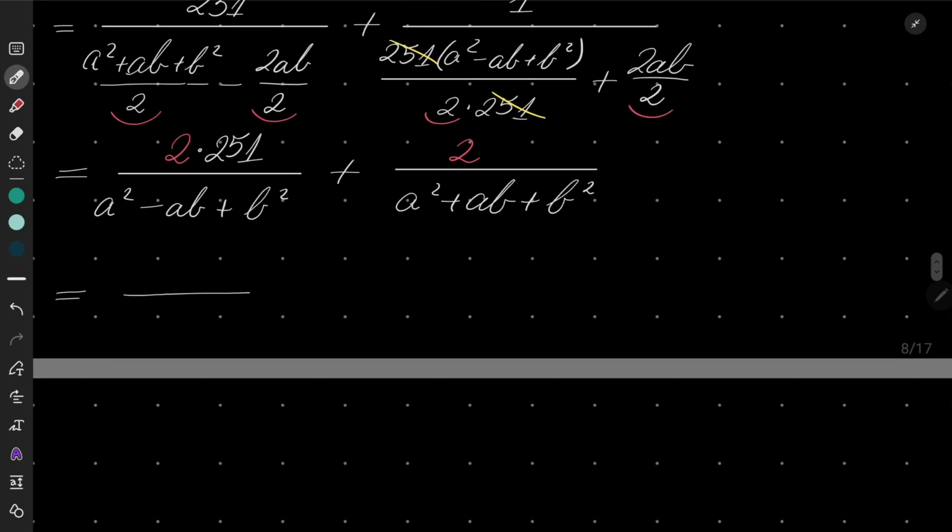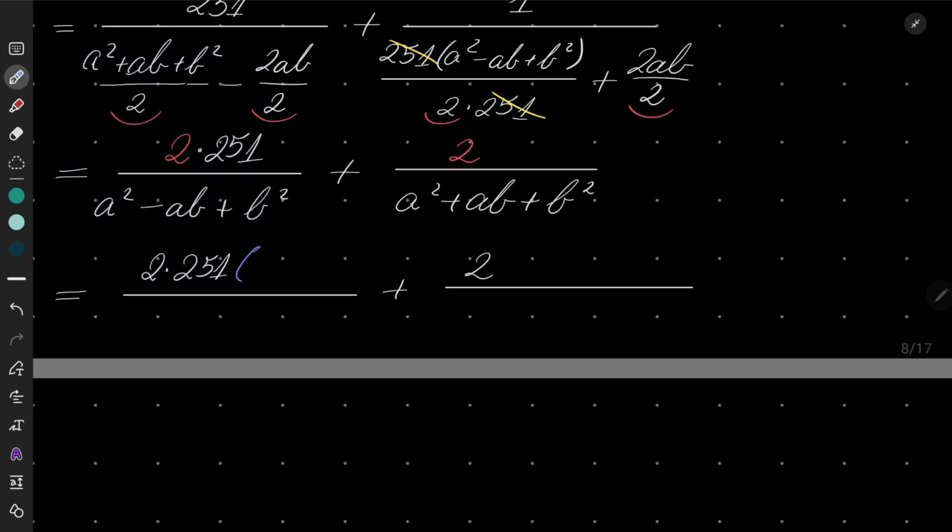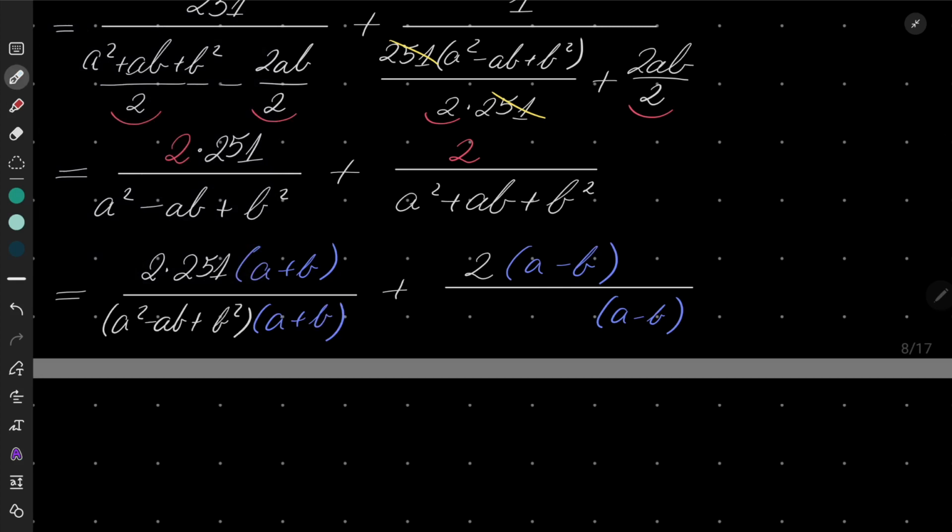And now I will do one more trick, again completing the cubes. So here I have 2 times 251. Here I have 2, and I will do the following. I will multiply here by a plus b, and here by a minus b. Why? Well, let me write everything, and I will talk.